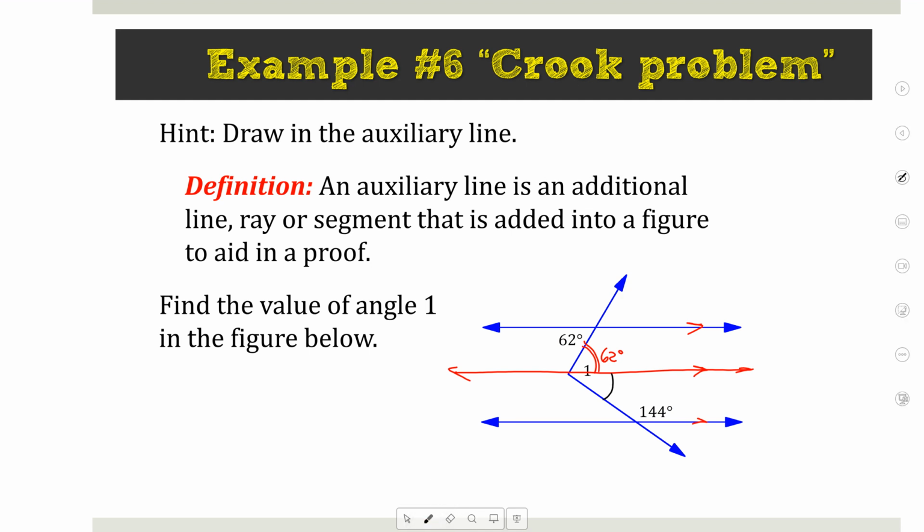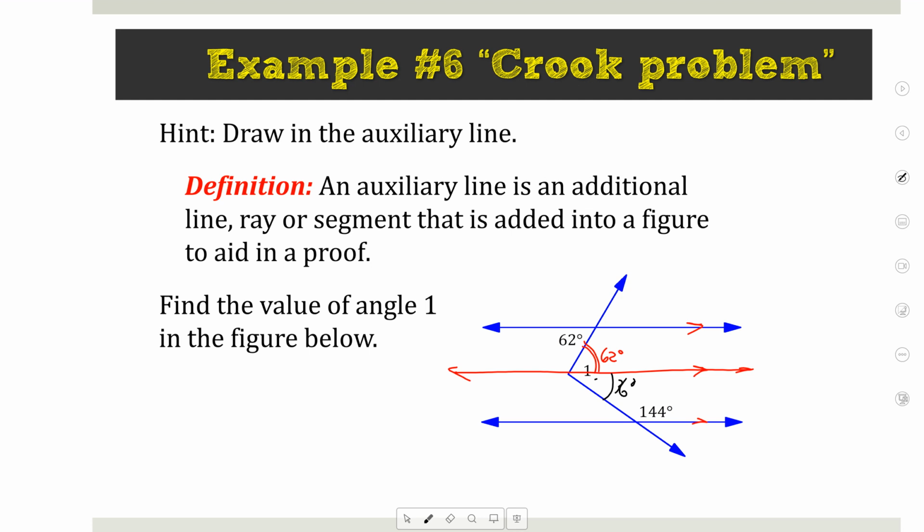How big is that angle? Is it 36 degrees? Why? Because they're alternate interior? Nope. Alternate exterior? Nope. What's the relationship between this angle and the 144?